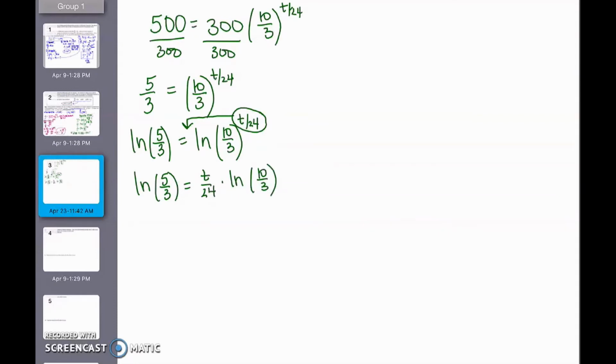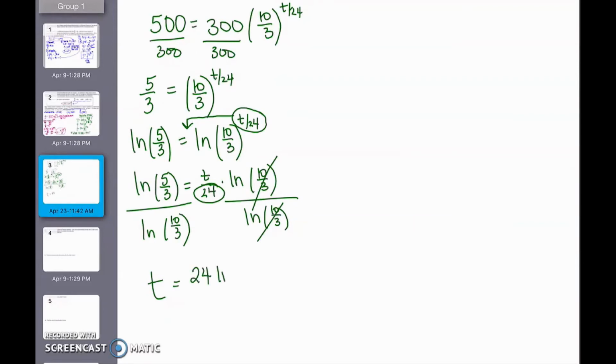Again, trying to solve for t, next I'm going to divide both sides by natural log of 10/3. And then I'm going to multiply both sides by 24 because t is being divided by 24. So we end up with 24 times the natural log of 5/3 divided by the natural log of 10/3.